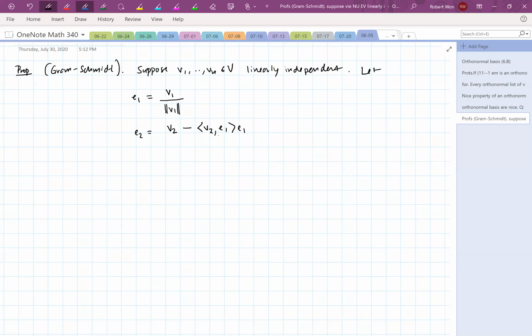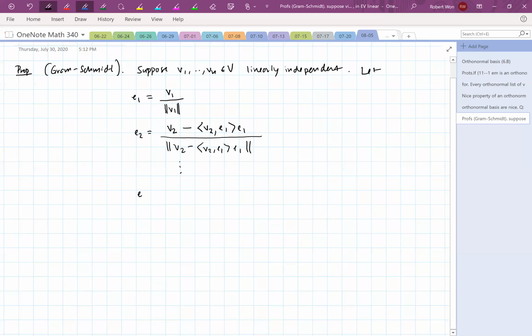It's not so hard to see. I mean, we will see it in the proof why it's orthogonal to E1. But it might not be normal. In other words, it might not have norm 1. So I always just have to divide through by the norm of the thing above. Now the numerator was already orthogonal, but now that I've divided through by the norm, it's going to be length 1.